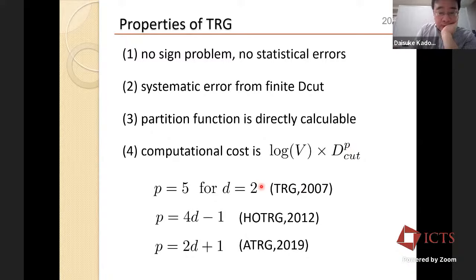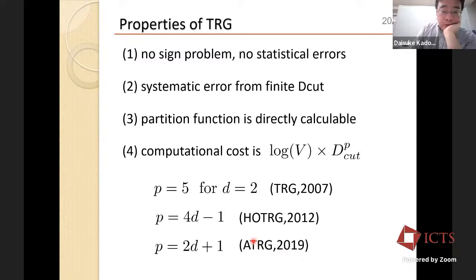In the TRG method, p is 5, but the TRG is only defined on 2 dimensions. Higher order TRG and anisotropic TRG methods are defined on any d dimensions.